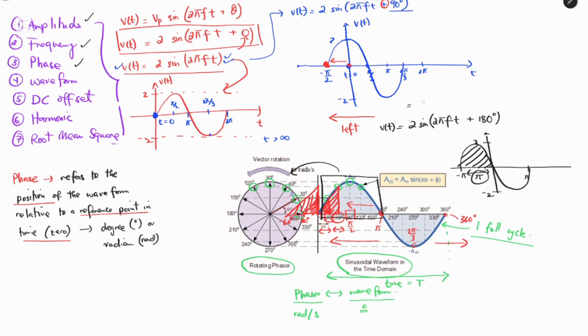So it can also be written as 2 sine 2 pi ft plus pi. And this represents the phase that is shifted with a plus sign, meaning it is shifted towards the left by 90 degrees. And by understanding all of this, now we can see the difference.